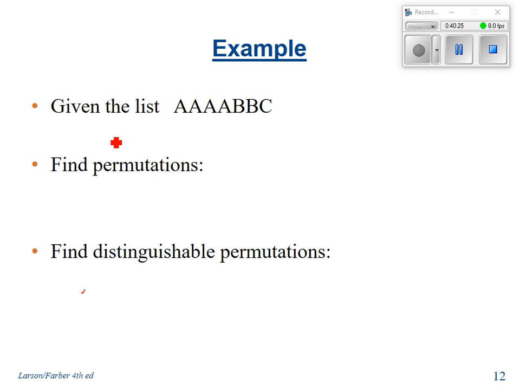If I get 7P7, 5040. So 5,000 different permutations compared to, if we want every one of them to look different, there's only 105 of them.